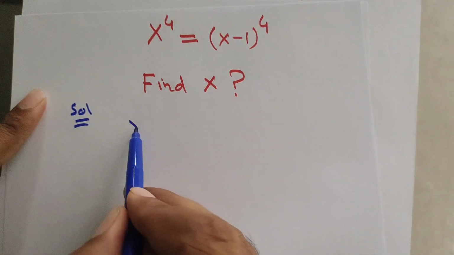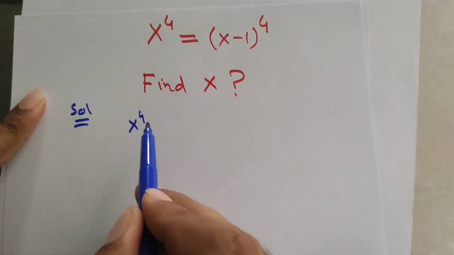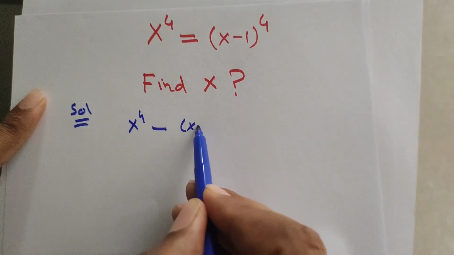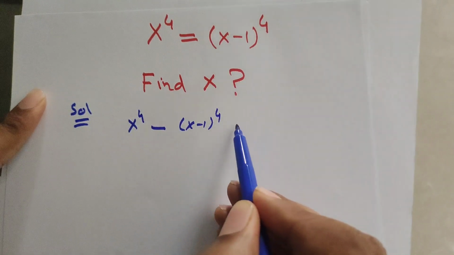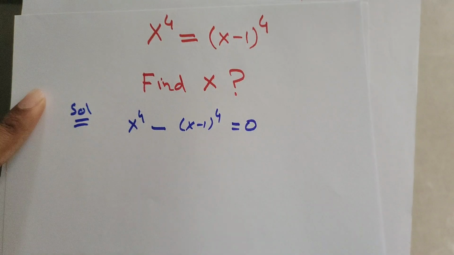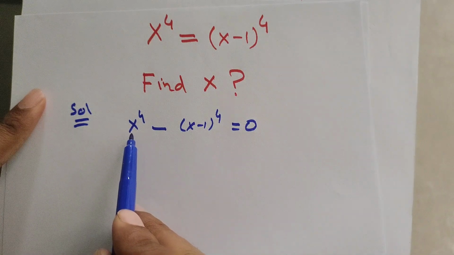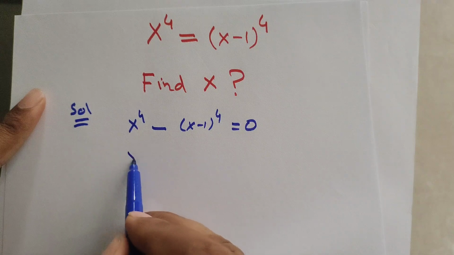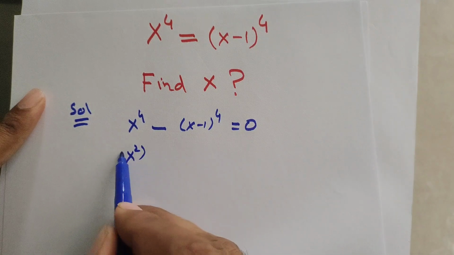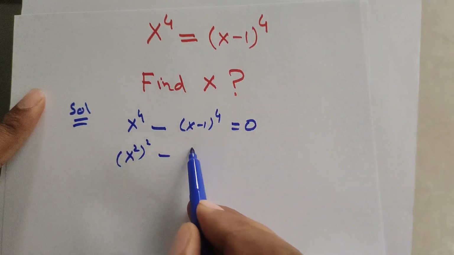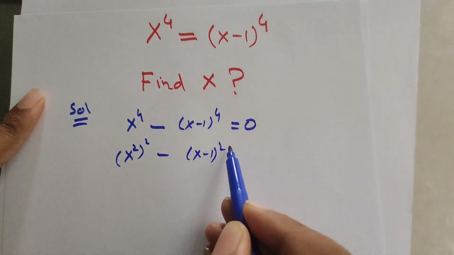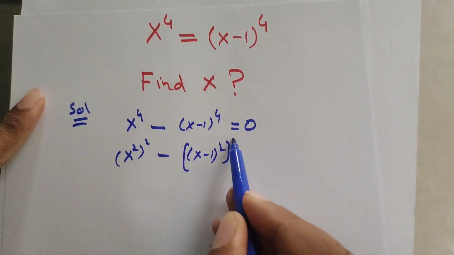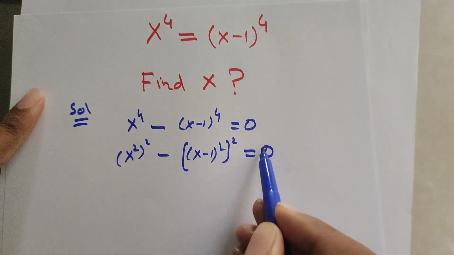First of all, we can write it as x^4 minus (x minus 1)^4 is equal to 0. Now, we know this is a very interesting relation, and we can rewrite it simply as (x^2) squared minus ((x minus 1)^2) squared equal to 0.